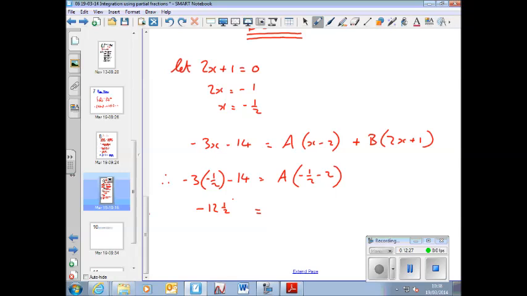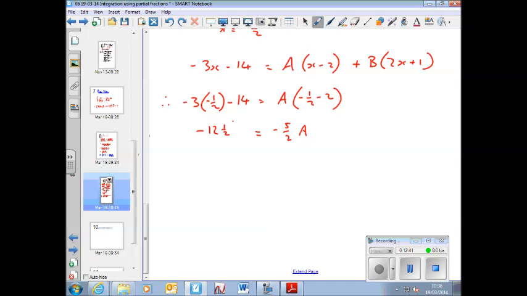So you get minus 12 and a half equals (minus a half minus 2), which is minus 2 and a half, times a, or minus 5 over 2 a. So then I divide both sides by minus 5 over 2, and I get a equal to 5.